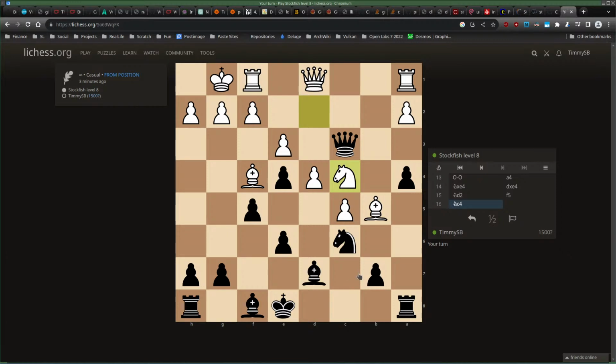Yeah, but the computers always win. Feels like I'm losing my queen very soon. Let's try to do something. Try to ignore it. One square left.